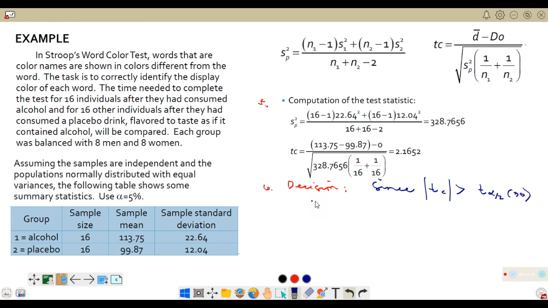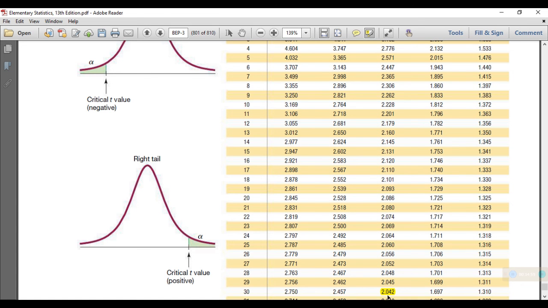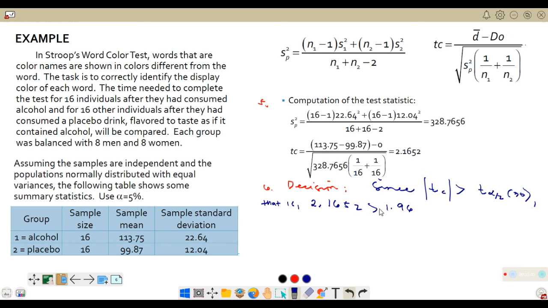So, we have 2.1652 is greater than 1.96. If you want to use the value from the table, 2.042, reject pa rin siya. Pwede nyo ring ilagay dito ay 2.042.